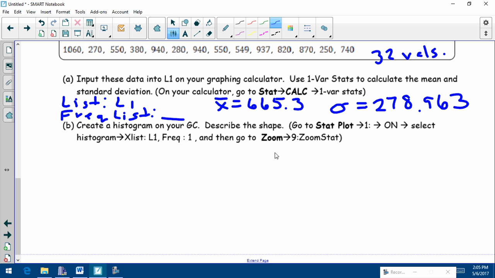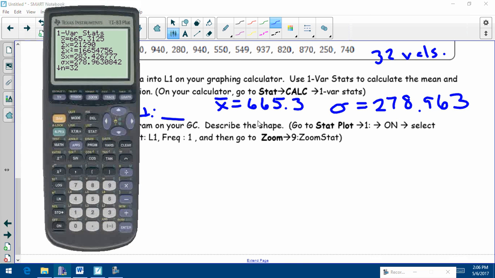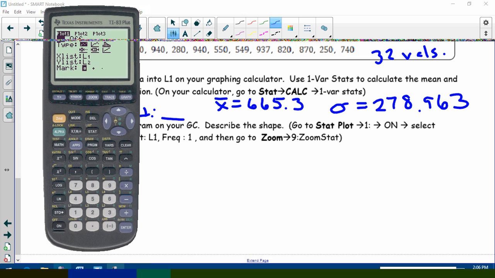Now the calculator will also create a histogram for you. It says you can go to stat plot on, so let me show you those steps. So go to stat plot, which is second y equals. We want plot 1 to be on, so I'm going to hit 1, change it to on. And then in type, again, a new calculator looks slightly different, but you should still see a graphic of a histogram.